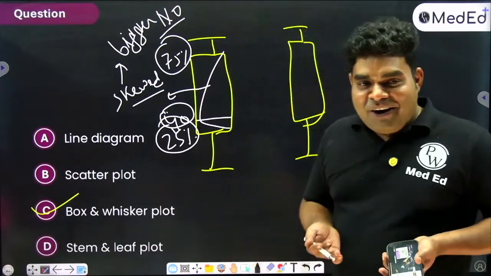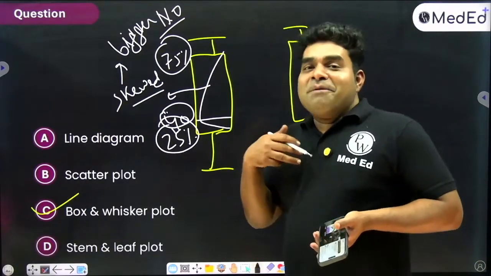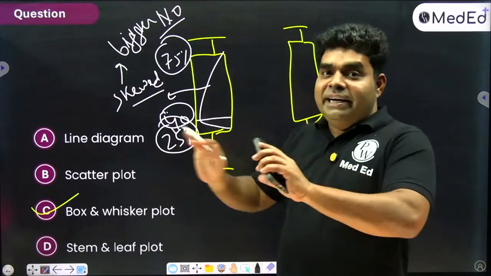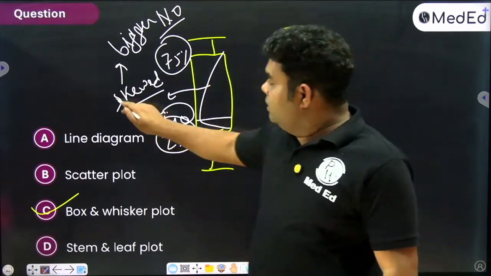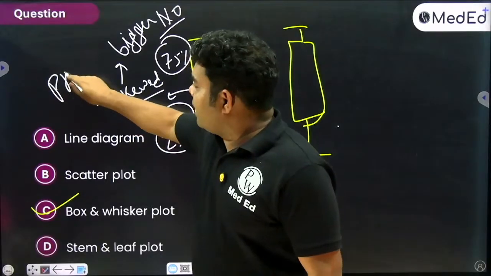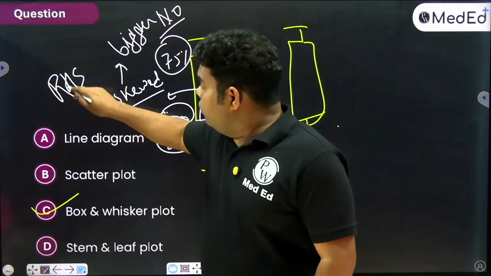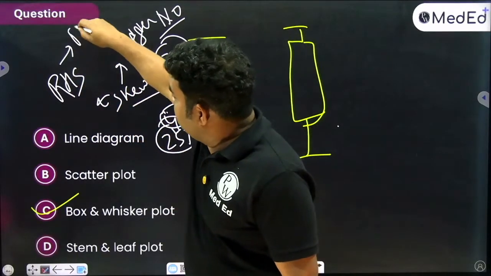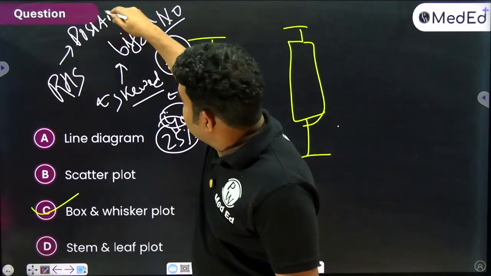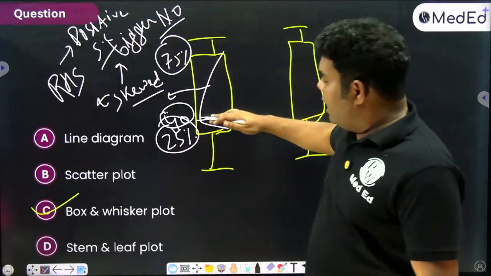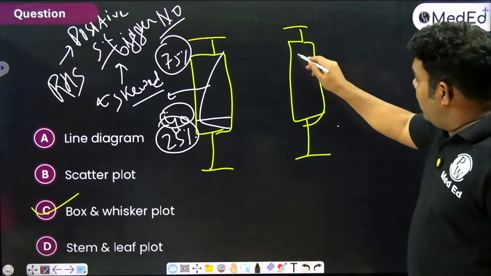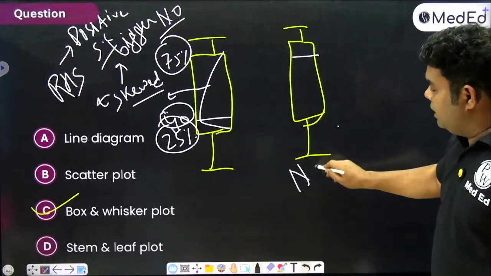Of course, if your marks are increasing, money is increasing, going towards the bigger side, you are positively skewed. Similarly, this type of curve, which is towards our right hand side, towards the positive, bigger side, we call a positive skewed curve. So this is a positive skewed curve if the bar is below. And if the bar is above, then it will be a negative skewed curve.